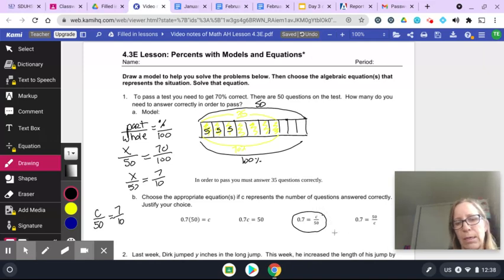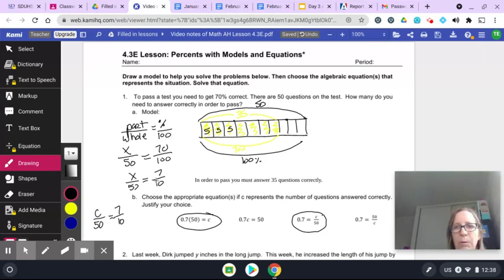I know that if I was to solve this, I'd have to multiply both sides by 50, and that would simplify over to here. Okay, so this one, the C and the 50 are backwards. That doesn't work. This one, they made the 50 the part and the correct the whole, so they had their fraction upside down. So we know that the first and third one would match our setup.